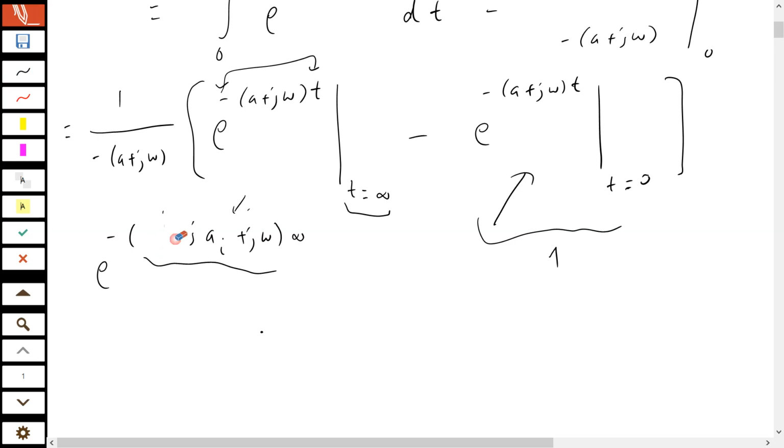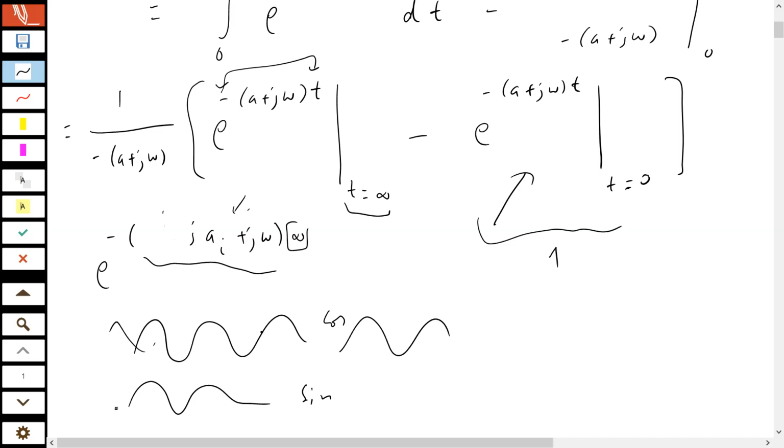I'm just removing it. If this AR was 0, what does this thing mean? Forget about this infinity for a while. This simply means that it will be a complex exponential. It will have a real part and an imaginary part. Complex exponential will have cosine as the real part and sine as the imaginary part. Both are oscillating and they are oscillating forever.